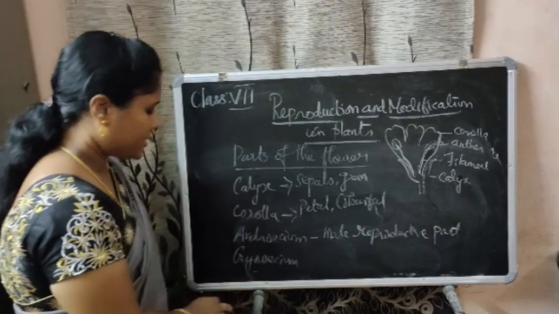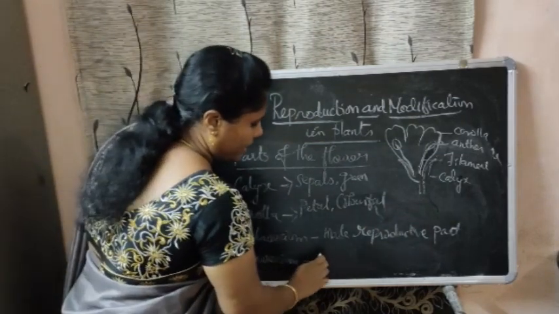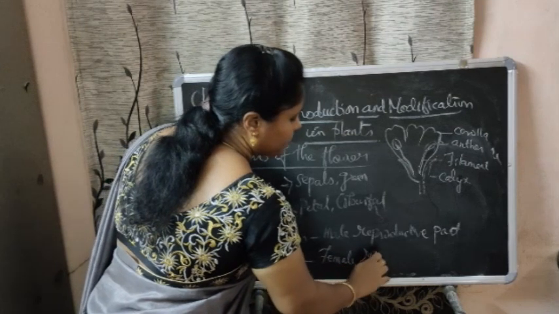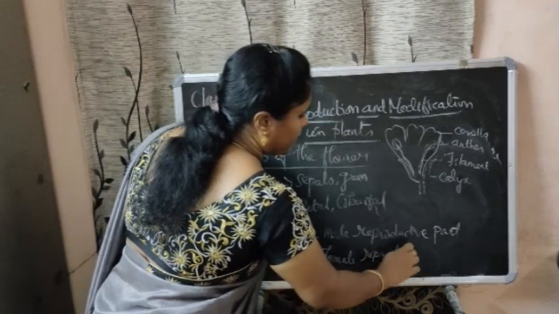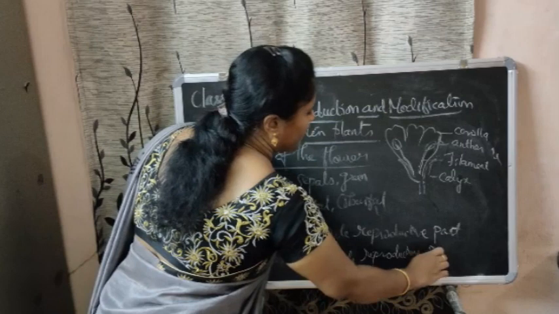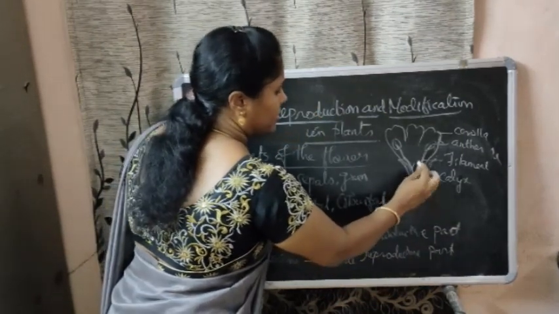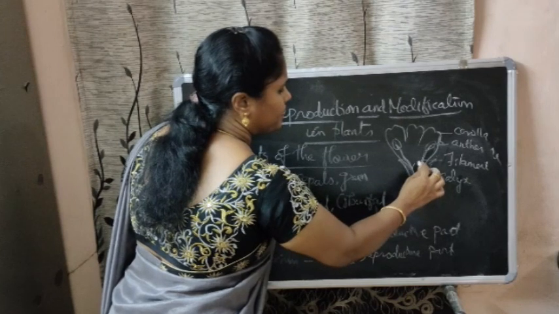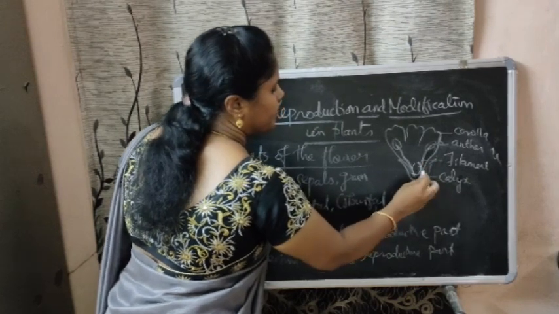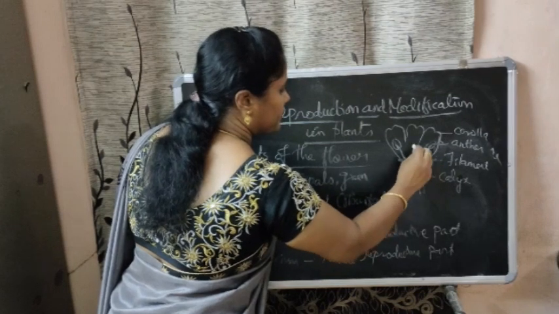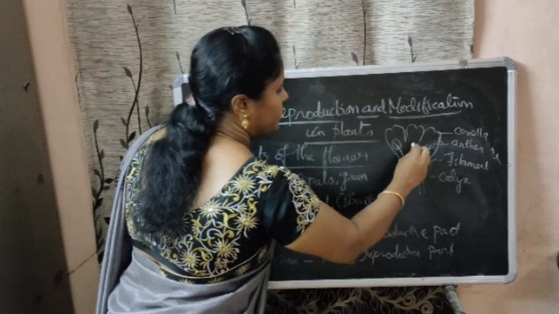Next, gynoecium. Gynoecium is the female reproductive part of the flower. This includes the basal swollen part and a long slender tube.